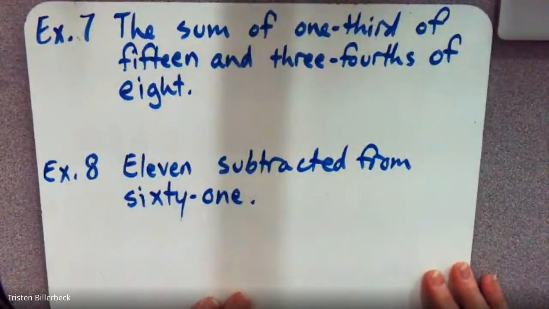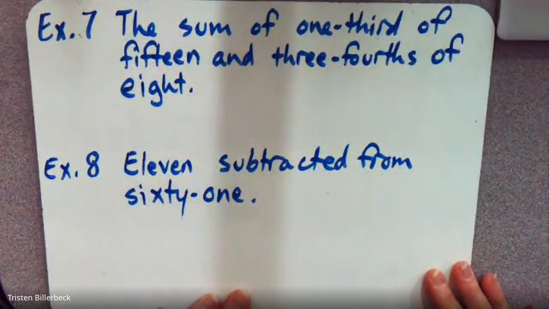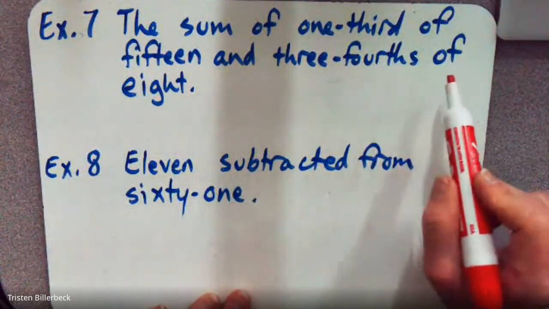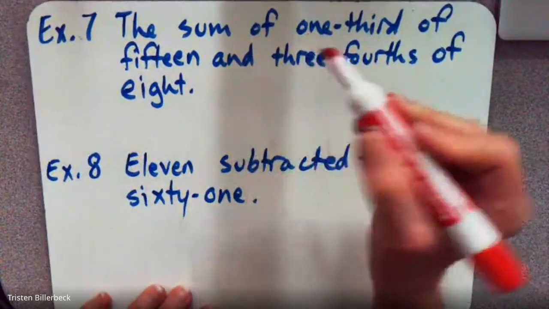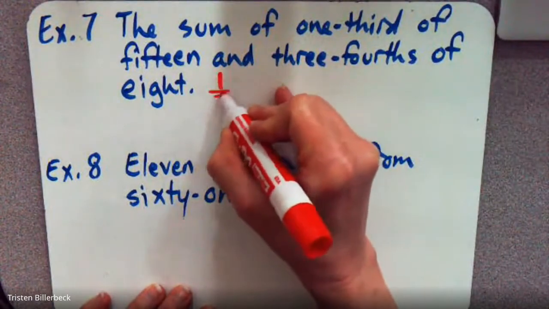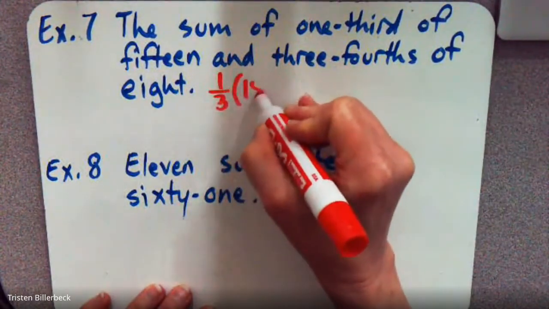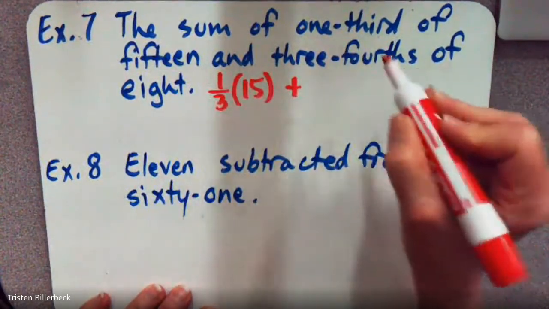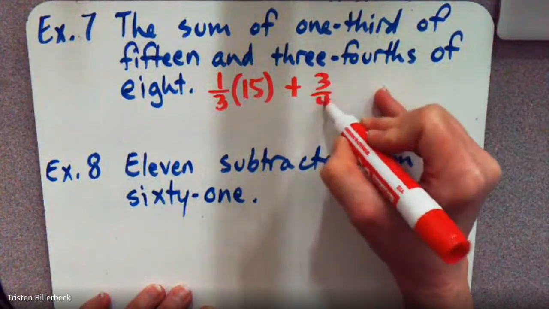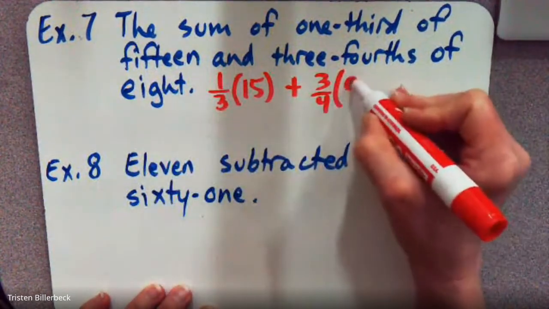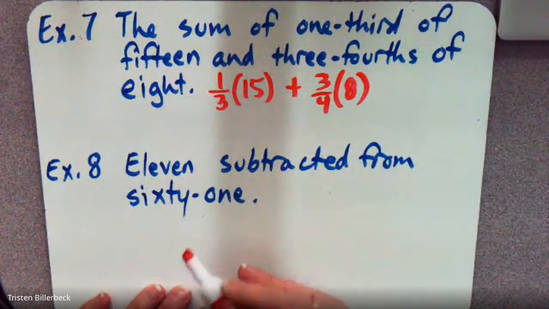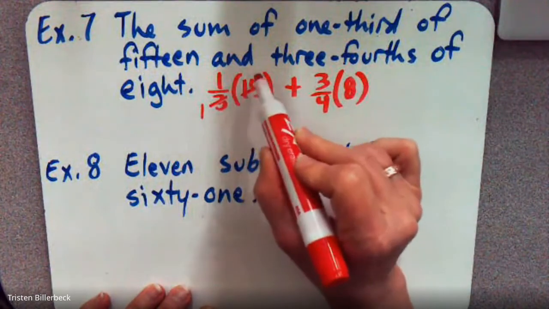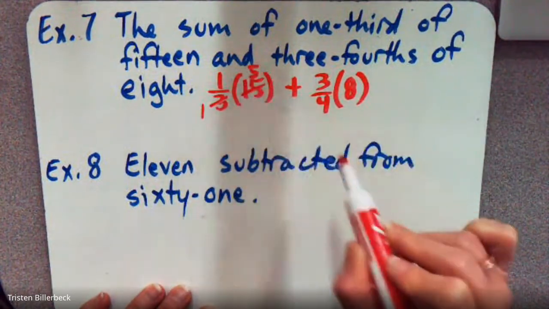So if we look at example 7, we have the sum of 1/3 of 15 and 3/4 of 8. So we have 1/3 of 15, and it's the sum, so we're adding, and 3/4 of 8. Well, 1/3 of 15, there are 5 3s in 15.